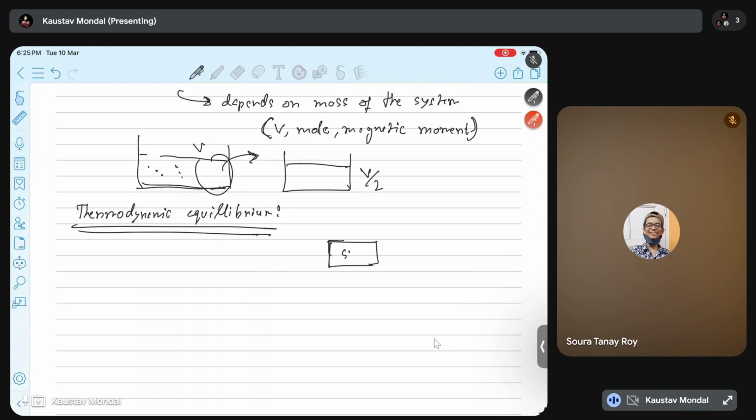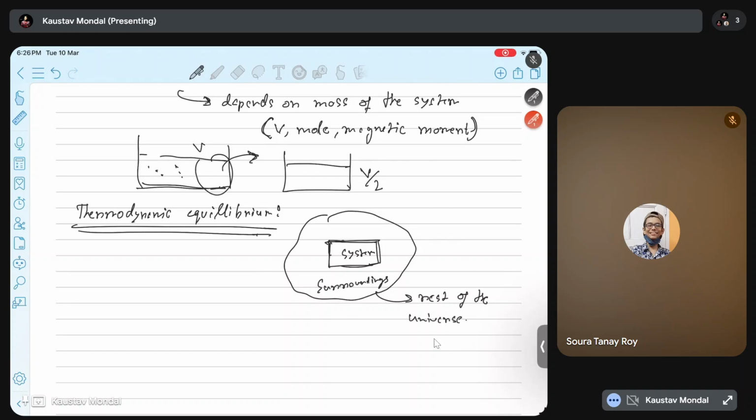One is called the system, and one is called the surroundings. The system is the thing that we are interested in, that we want to study. That is our point of interest. And surroundings means the rest of the universe.